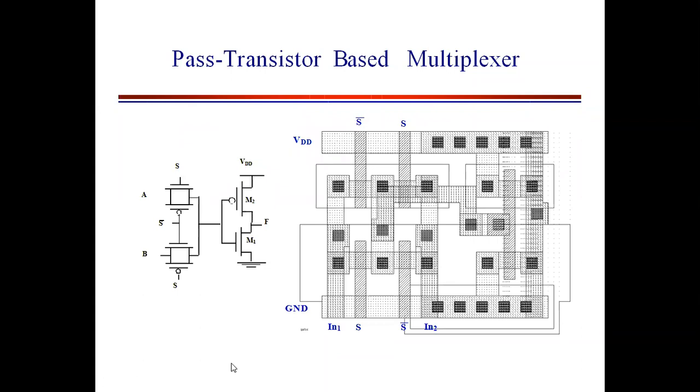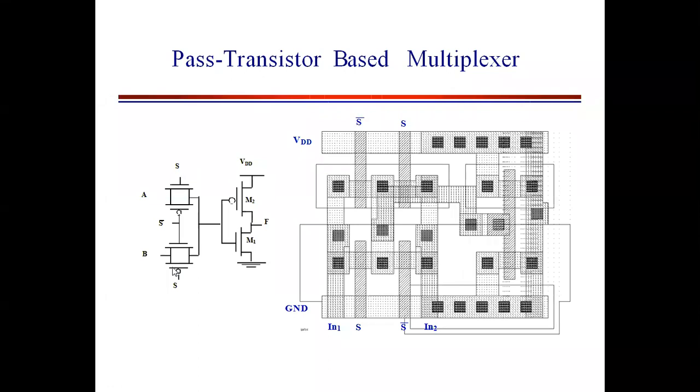Now these are the different examples based on the transmission gate. So this is how you can design the multiplexer. Okay, this is A, B, this is S, and this is S bar. So it is a parallel combination of the first transmission gate, and a parallel combination of the second. See, always remember, in a transmission gate PMOS and NMOS are always connected in parallel combination, always.